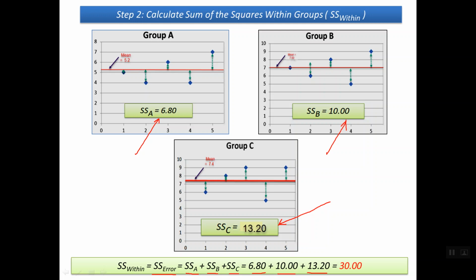By this, we have calculated the SS total and the SS within, or the SS error. The remaining calculation is the SS between groups.